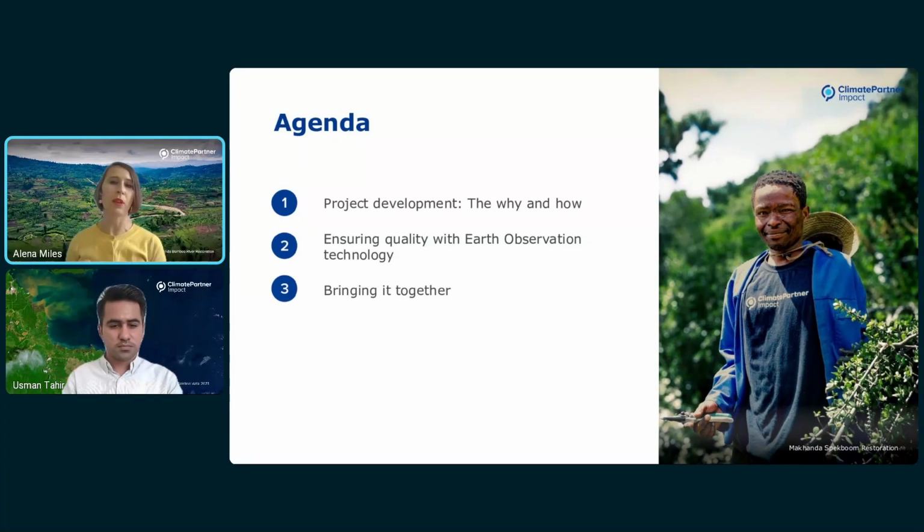How do we work with local communities? And then how do we monitor our projects? And a really, really big part of it will be Usman's contribution. He'll talk about how we use satellite data, drones, and other Earth observation methods to really ensure the quality of our projects. And in the end, to bring it all together, I will share with you a case study from one of our clients, just to see how it all comes together as a part of our strategy, and also share some other practical insights from the many corporate clients that we work with.